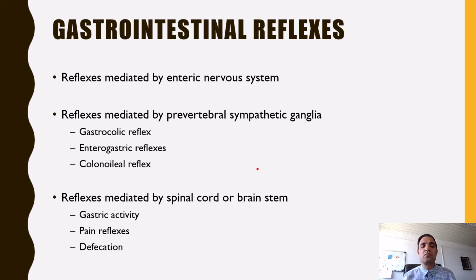Another reflex that I can name is the enterogastric reflex. When food exits from the stomach into the duodenum, the duodenum will be stretched. The duodenum is the first part of the small intestine. When the duodenum is stretched, it will send information back to the gastric muscle and relax them or decrease their activity.